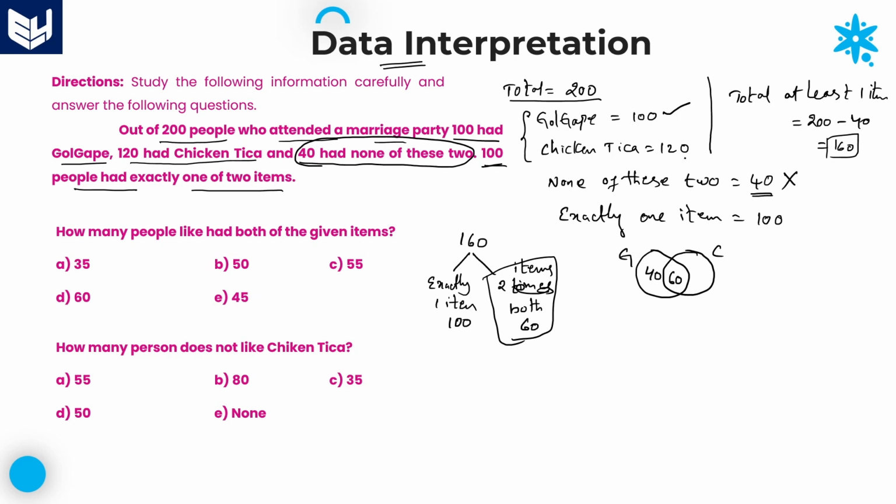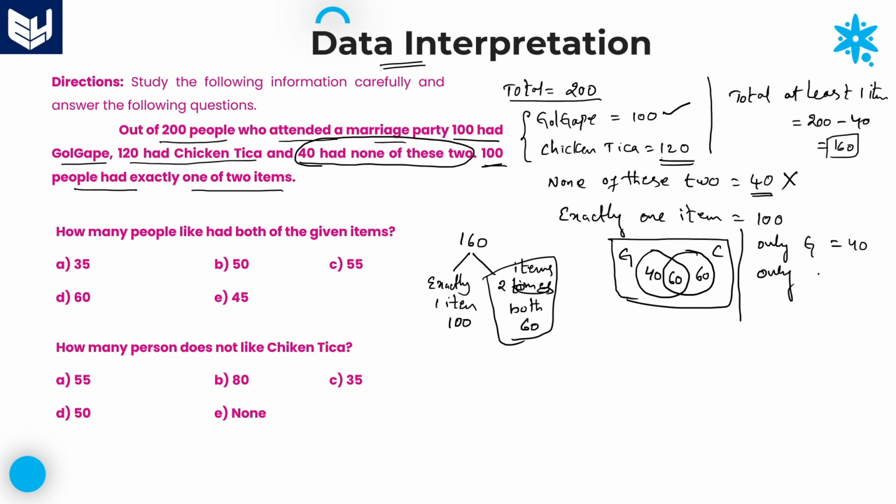Then entire chicken tikka is 120. Out of this 120, 60 is already completed at this position, so 60 is left over. Therefore, it is very clear that this is the final Venn diagram. Now I'll write down the individual values. Only golgappa is 40.